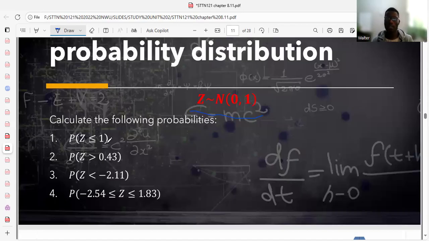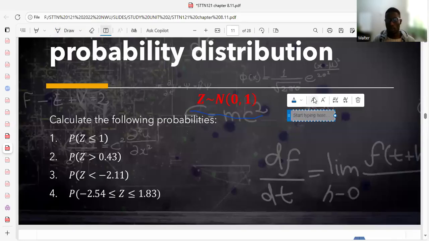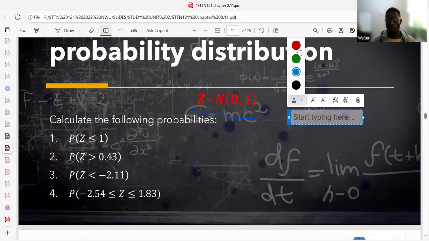Let me write it here. I just want to show you guys something. I'm going to use the red one here.